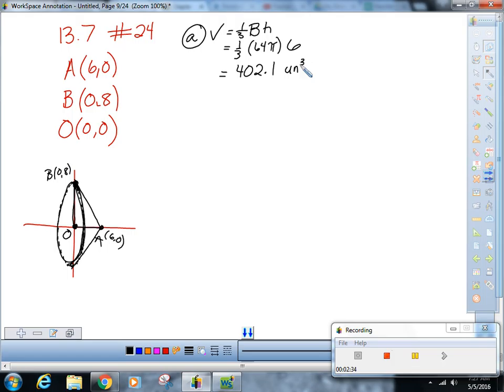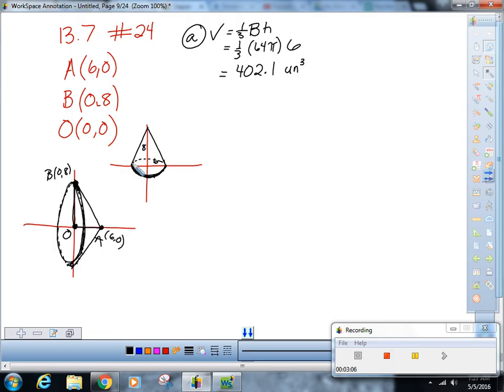Part B, find to the nearest tenth the volume of the solid formed by rotating the triangle about OB. Okay, I can do that. Once again, we've got a triangle that's 6 here and 8 here, and we're going to rotate it around OB. So it'll look like that.